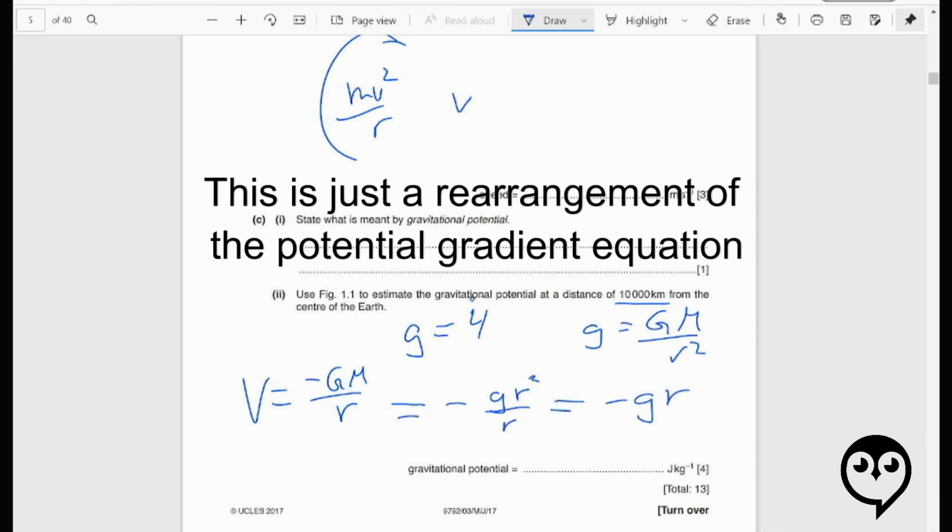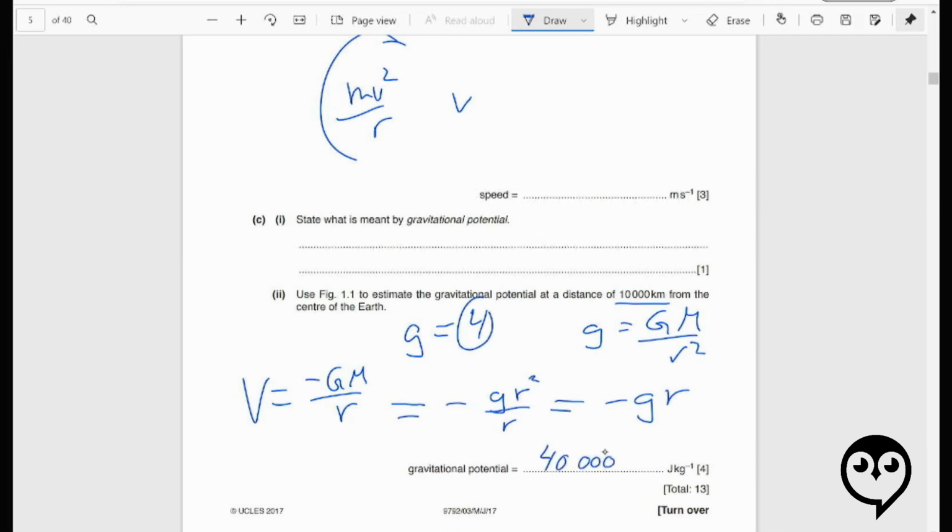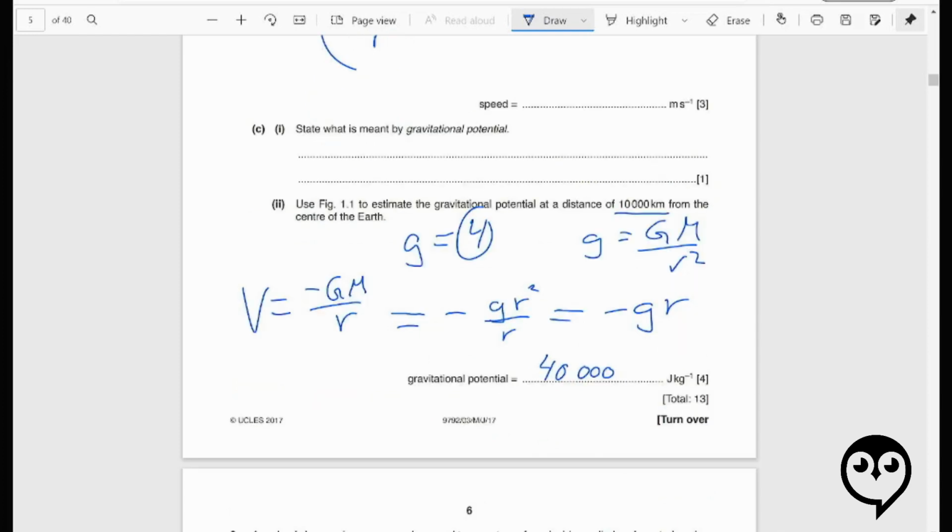We've measured the 4, and we got the 10,000, so I would say 40,000 joules per kilogram. And it's actually not 40,000, because this was in kilometers. So it's actually 1.0 times 10 to the 7 meters. If I add that on there, I actually get 4.0 times 10 to the 7, don't I?